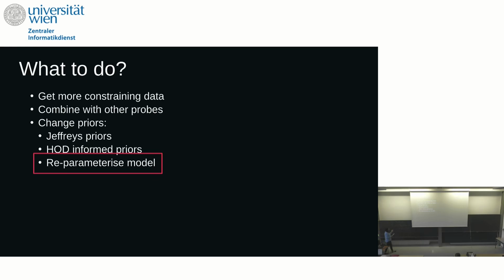So to understand how to re-parameterize the model or to understand what are the best constrained parameters of the model, we can look at these terms. And for example, if I focus on the counterterms, these can be written as a counterterm times a squared times the linear power spectrum. But actually here you also have the primordial amplitude.